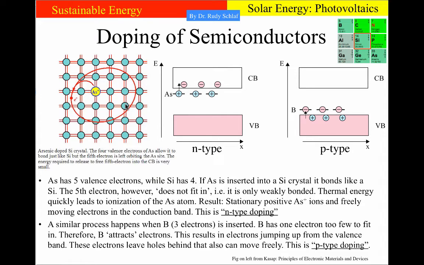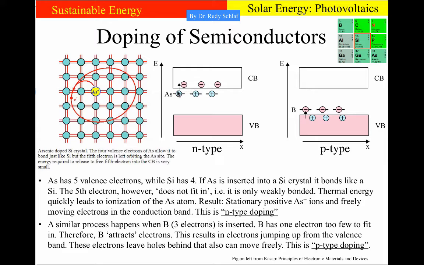So this fifth electron is a little bit like a fifth wheel on a car, and so it doesn't really participate in the bonding of the arsenic atom, and therefore it can very easily leave the arsenic and move through the crystal. And this of course means that the arsenic, because it has one more proton in the nucleus than silicon, will become a positively charged arsenic ion, and a free electron is moving throughout the silicon crystal.